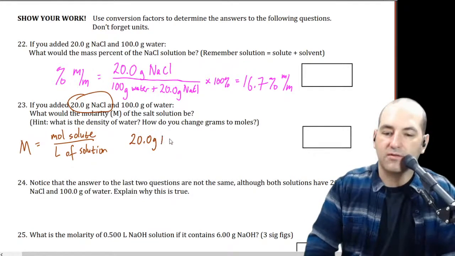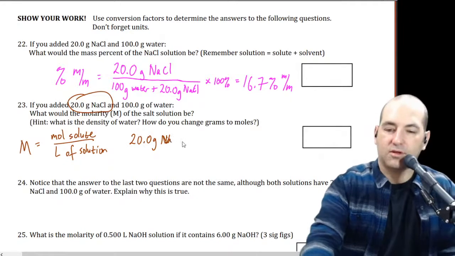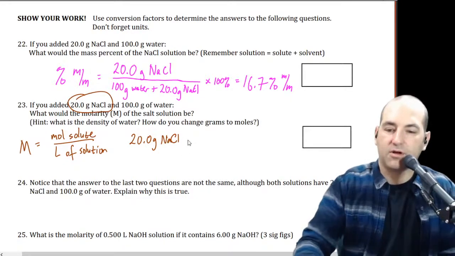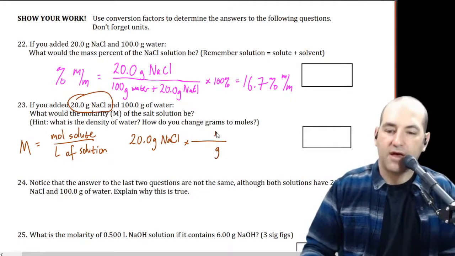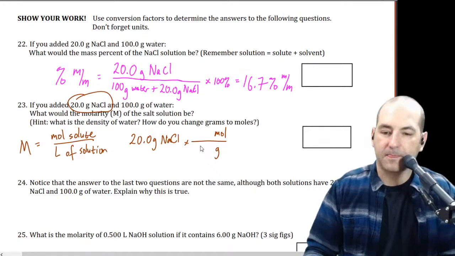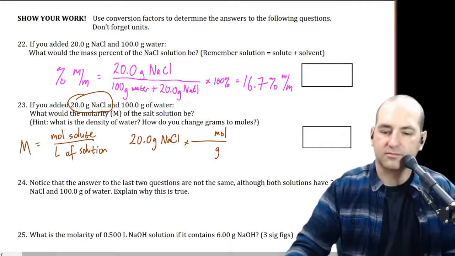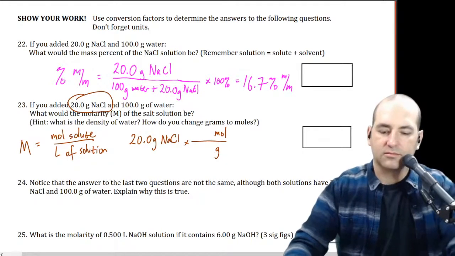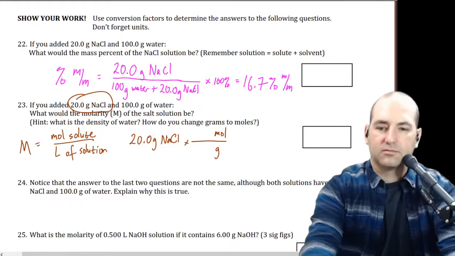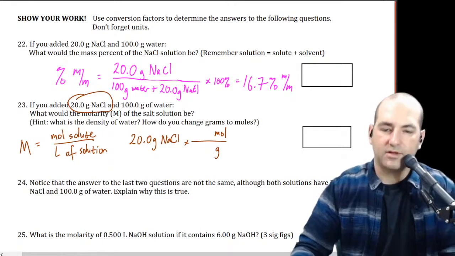which in this case is 20.0 grams of sodium chloride. We want to convert that from grams to moles, so we use the molar mass of sodium chloride, which I believe is like 65 or so, right? 58.4.